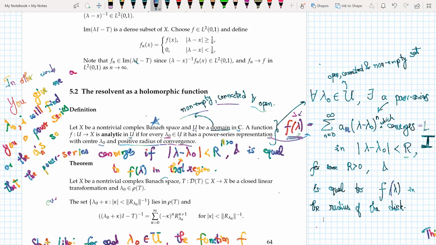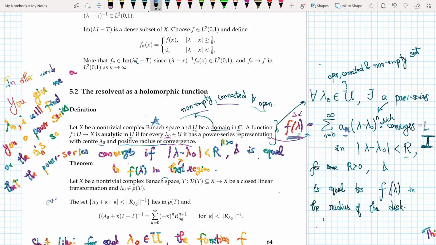In other words, if you give me a lambda naught, I will find your power series or the a_n's. By finding a power series, it means finding these complex coefficients. In our case, the domain is C and it is going to X, which is just a Banach space.